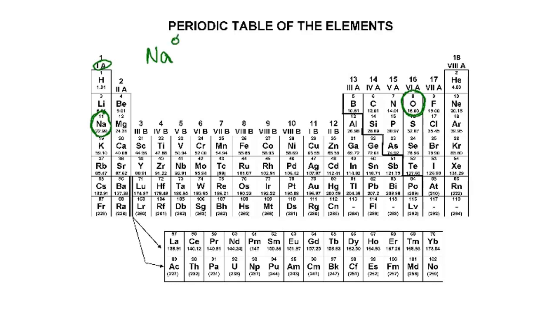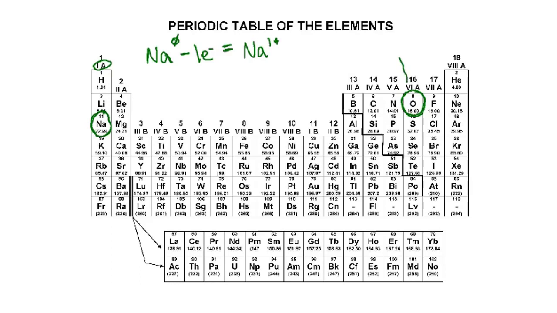When its charge is 0, it has 1 electron in its outer shell. So it wants to get rid of that 1 electron from its outer shell, so it has a complete set of 8 electrons on its outer shell. So that means Na is 1 positive.